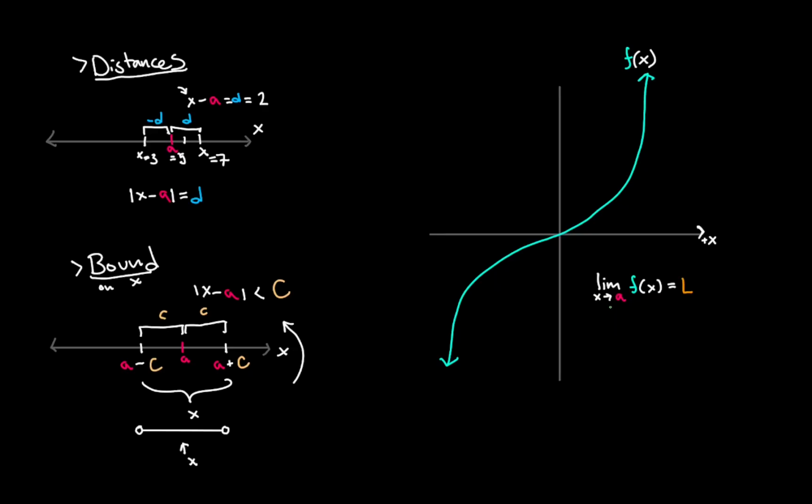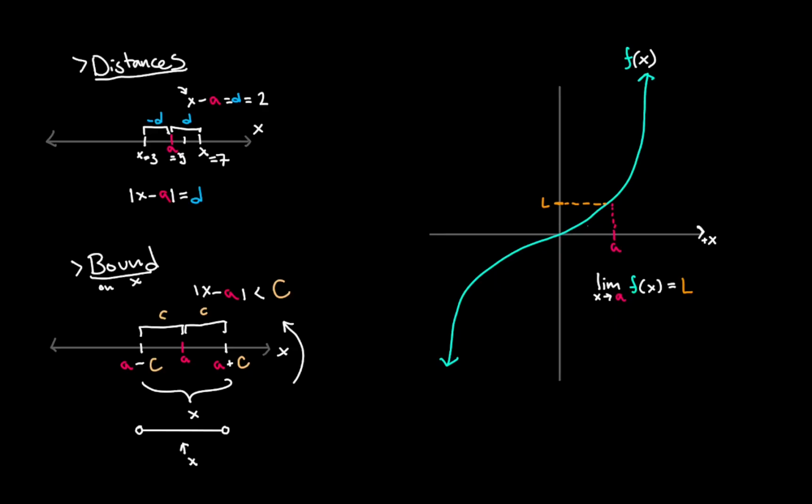So then we're going to have to define, or let's label the graph here. So we have A, and then we can see from the graph that as you get closer and closer to the value of A for x, the limit is going to be L over here, right?